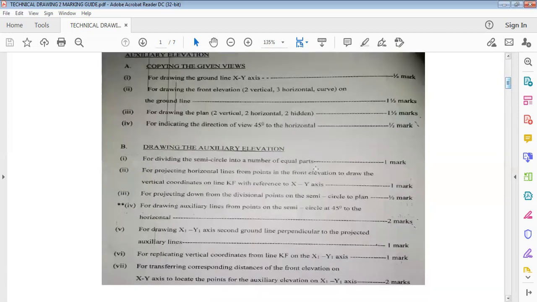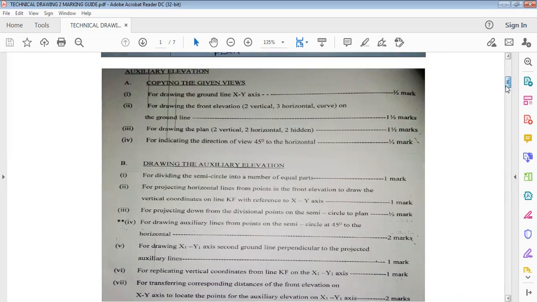Then we have Roman figure 6, which says that for replicating vertical coordinates from KF on the X1, Y1 axis, you have 1 mark. So where are those lines that you're asked to produce? The vertical lines.